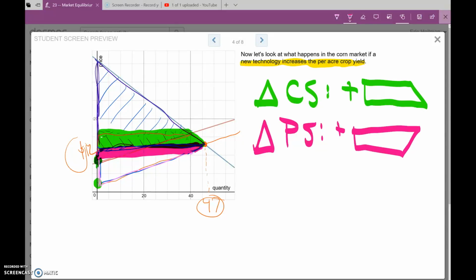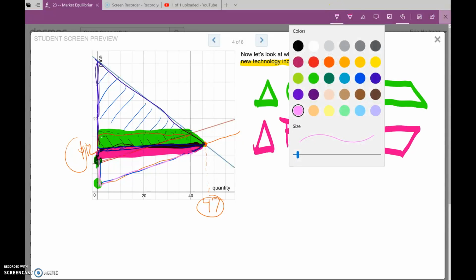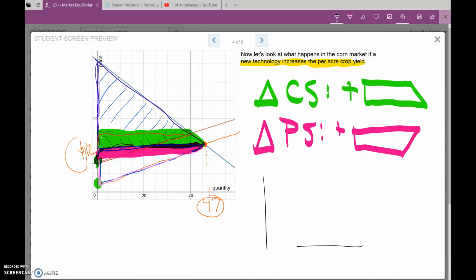So when you're trying to draw these trapezoids, let me see if I can sketch a little diagram here. In the first example we saw, this was the original equilibrium and demand went down. What you want to do is, wherever the new quantity is, draw a dotted line where the new equilibrium is. And you see where the new quantity crosses the original demand curve.